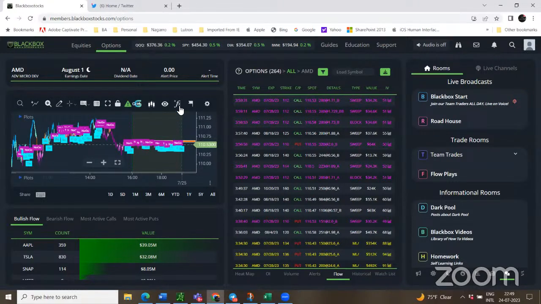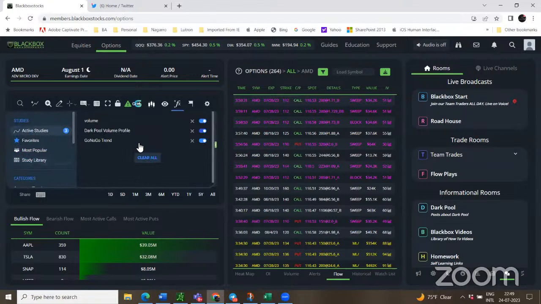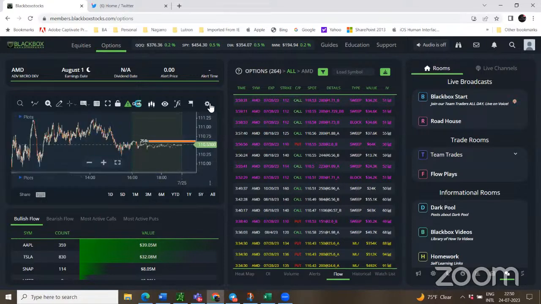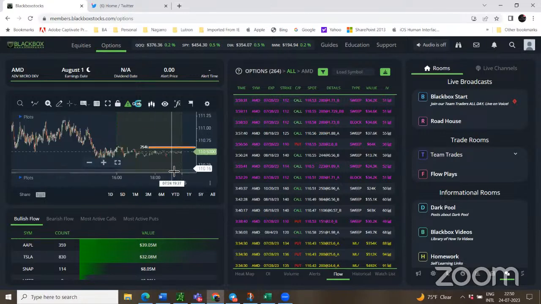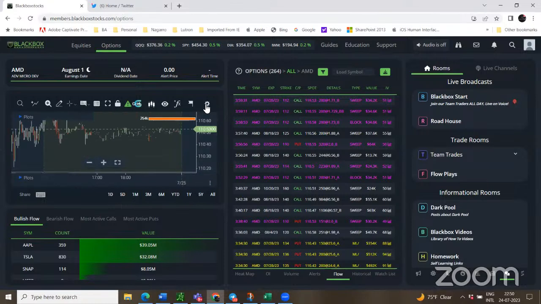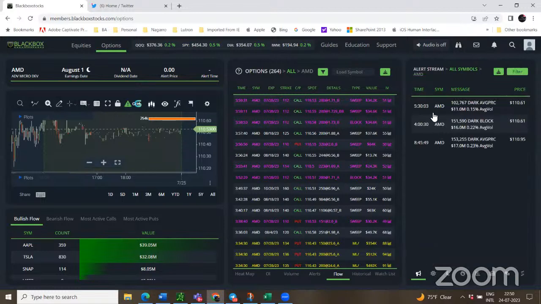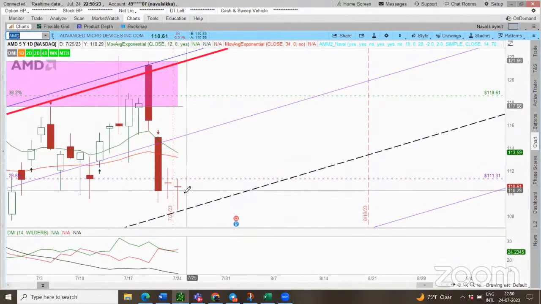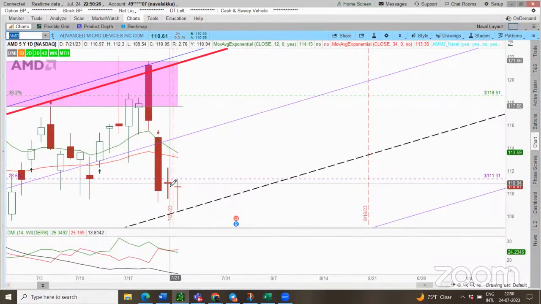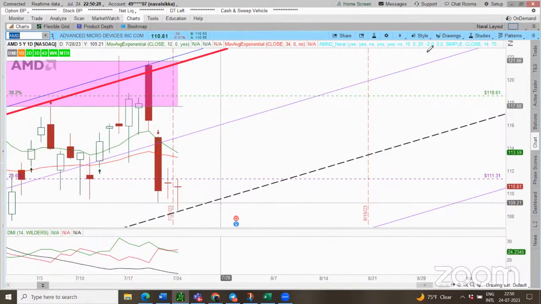Let me just clean this up. This is a dark pool at 110.95. Even in the morning there was a dark pool at 110.95, so right at the beginning of the day we were there and it was not able to cross. So now you see that something is happening in AMD.